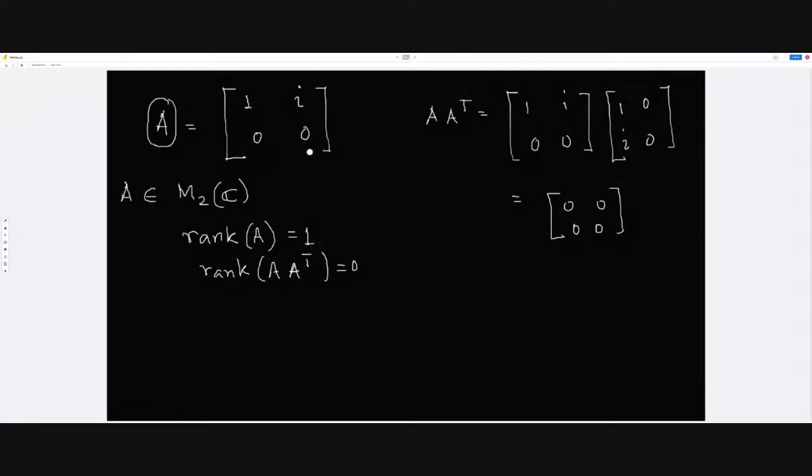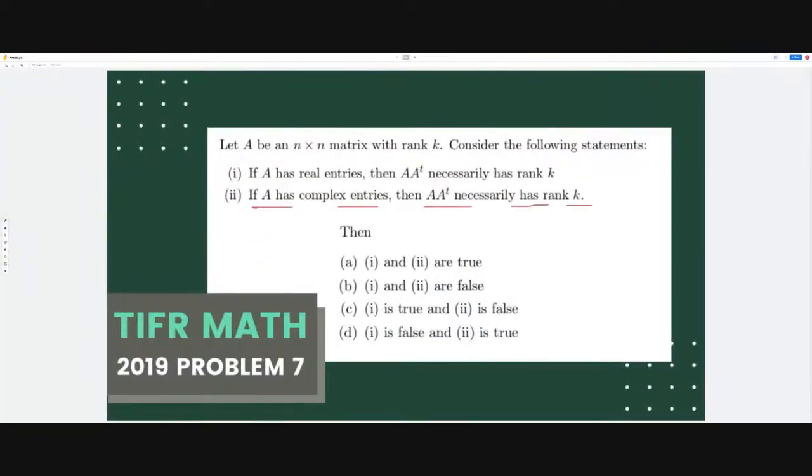So we have given an example of a matrix whose rank is 1, but A into A transpose is 0. Thus it's quite obvious that the second option is false. So both E and D from here get automatically eliminated, and it's between B and C.